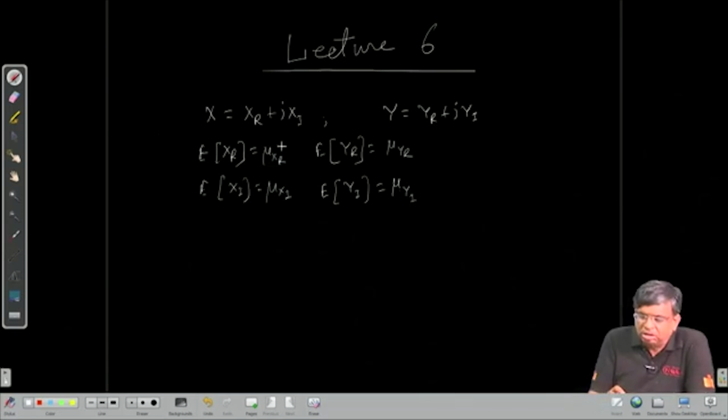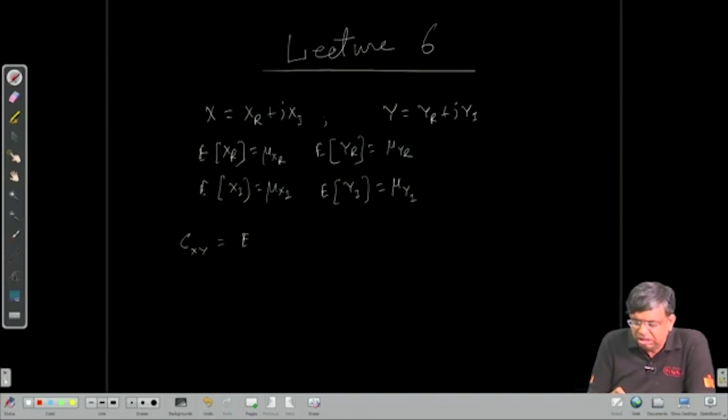Then consider a function of x and y, or equivalently a function of x r, x I, y r, y I. It is a function of x y, and x has two components, y has two components. So, it is basically a function of four components.